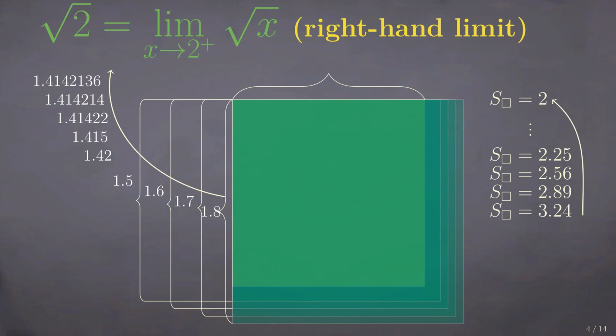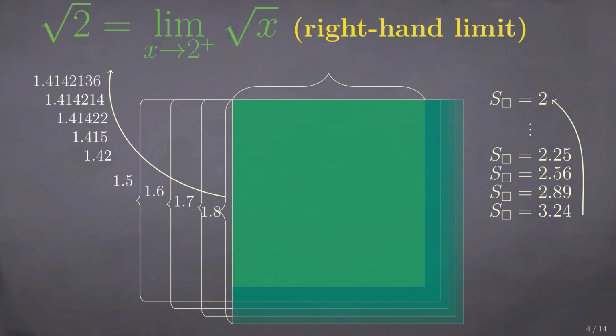And similarly, instead of choosing values that are less than 2, you can choose values that are greater than 2 to approach that number, and then you have the definition of the right-hand limit. Instead of the subscript minus, now you use the subscript plus.